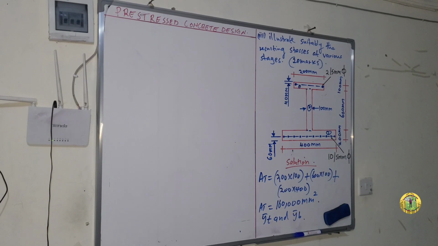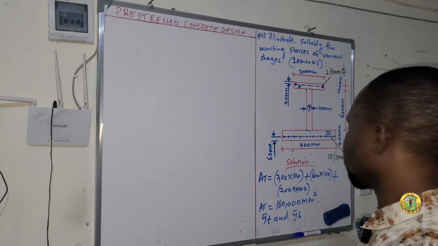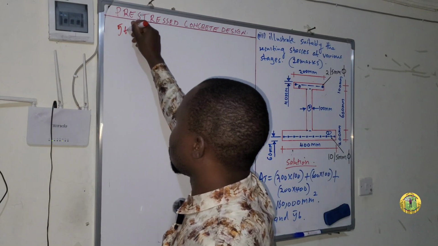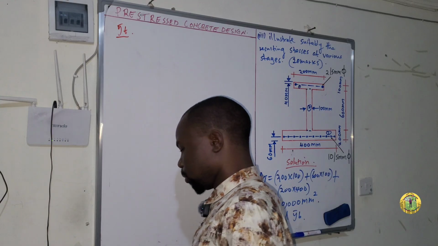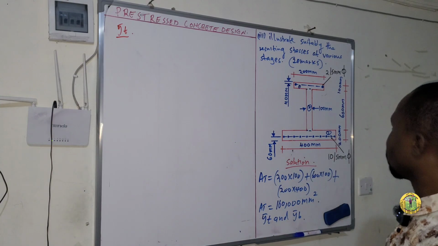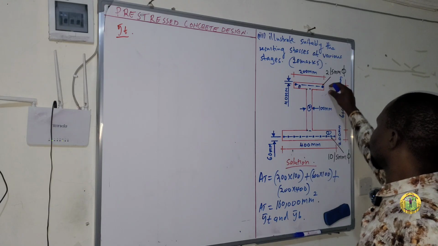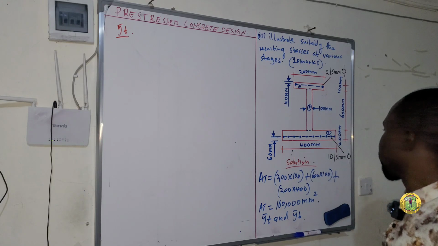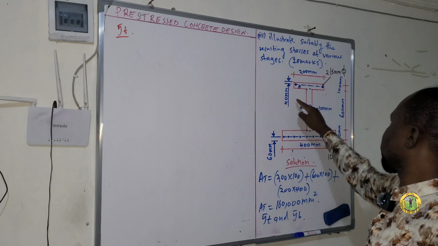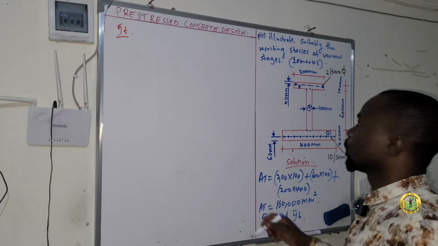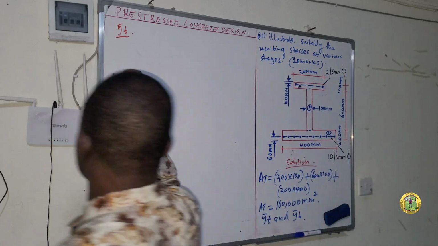So I want to start calculating Y bar, and I will start from the top. So Y bar top. We begin from the top of this section. The area of section number 1 will be 200 times 100, which is 20,000.